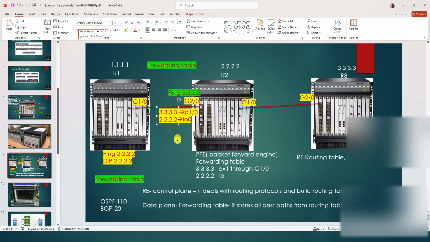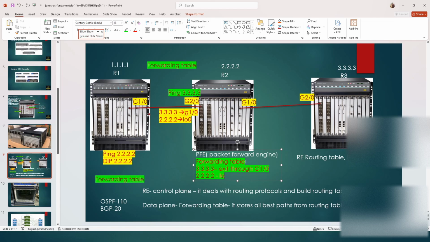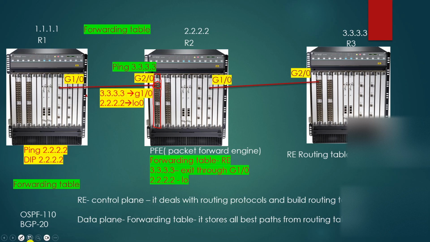Understand? This information is in the routing engine, and one copy of the forwarding table it is giving to the PFE. Clear? The PFE is located here.